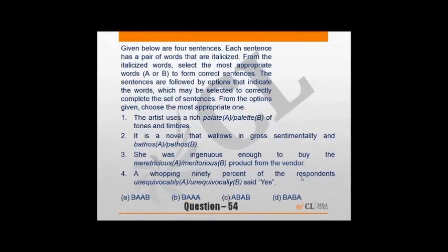Similar question as 53. Let's again go through the statements and the choices. Statement 1. The artist uses a rich palette of stones and timbers.